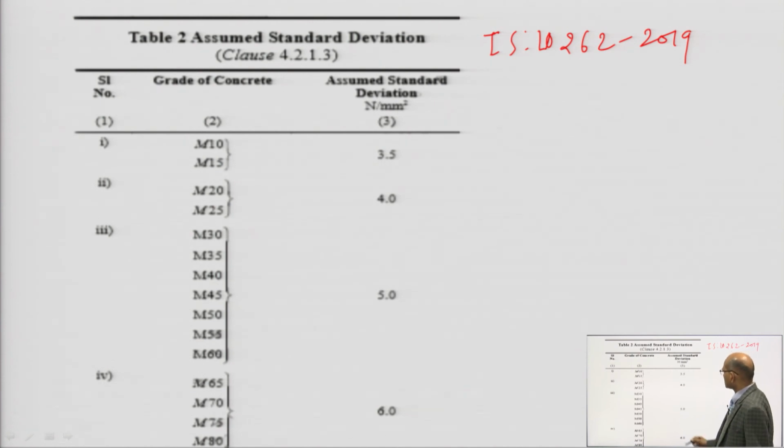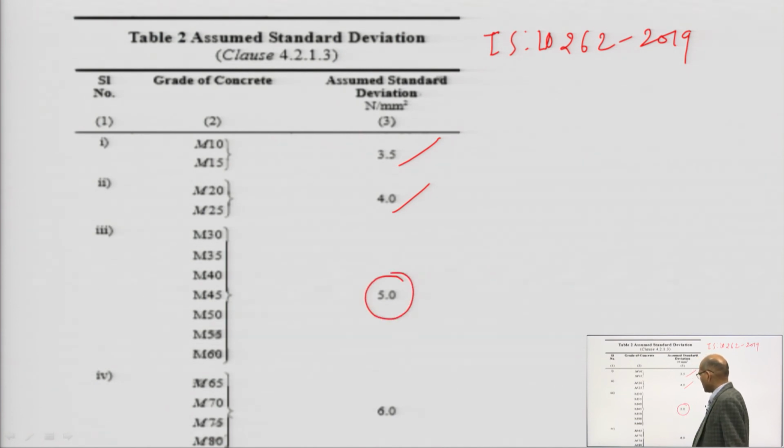Here, once again, for M10 to M15 this value is 3.5, for M20 to M25 you have to take the standard deviation 4.0 Newton per mm square, for M30 to M60 you take the value 5, and for M65 onward you take 6.0.